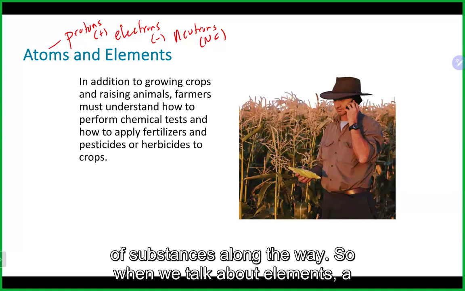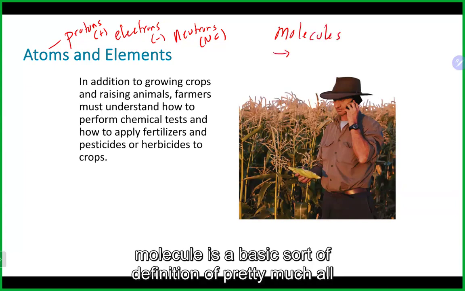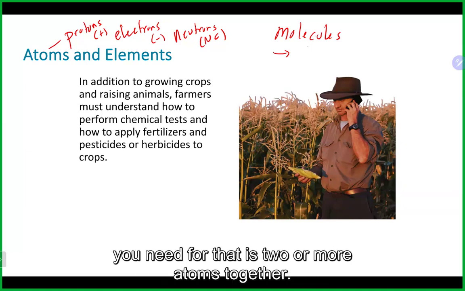So when we talk about elements, a couple of reminders, there are also molecules. A molecule is a basic definition, and pretty much all you need for that is 2 or more atoms together.